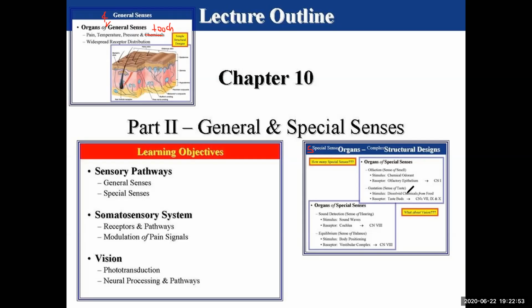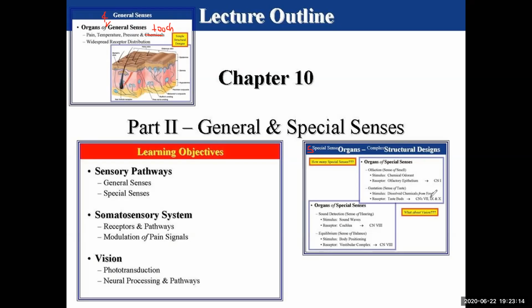Gustation, sense of taste. Stimulus, dissolved chemicals from food, like I mentioned earlier. Receptor, taste buds. That information is being sent through cranial nerves number 7, 9, and 10. So sense of taste is conveyed by 3 different pairs of cranial nerves, right?